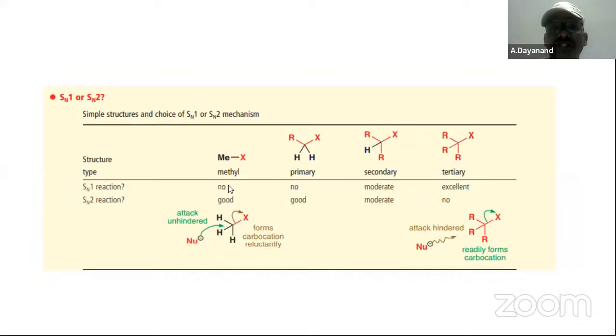Primary is also the same. Methyl is simple, only one carbon containing organic alkyl halide. Therefore, we can say that tertiary is the excellent one for SN1, and for SN2, methyl is very good, primary is also very good, whereas tertiary is the least possible reaction.